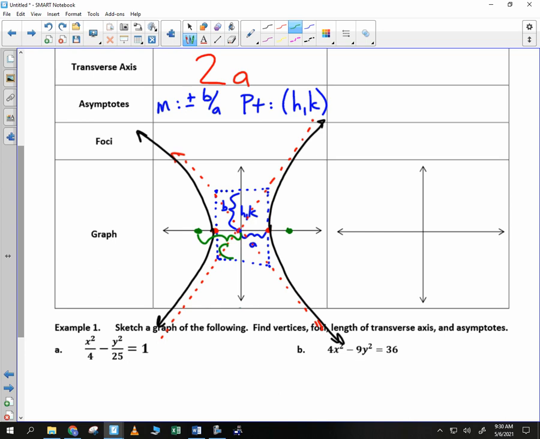We have an equation for c. It's a squared plus b squared is equal to c squared. See that? Okay. So the foci are going to be (h plus or minus c, k). You're going to add or subtract it to the x value.